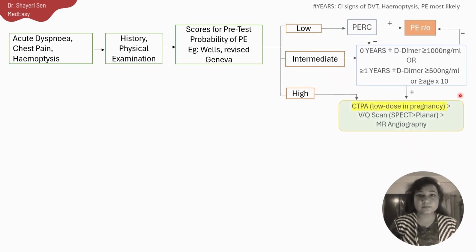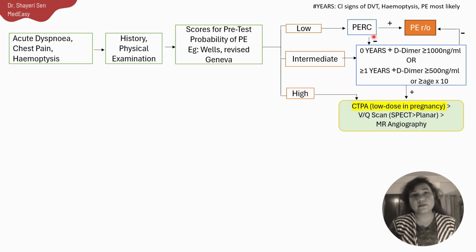What next? If my patient has a low probability, we do a PERC. What is a PERC? PERC stands for Pulmonary Embolism Rule Out Criteria. Now, if this criteria is met, then I can rule out pulmonary embolism. But if this is not met, then we go to the YEARS algorithm. Now, let me tell you, PERC is a set of 7 questions.